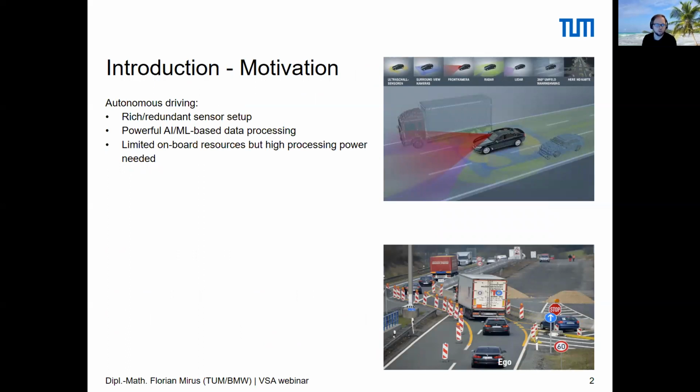When I talk about automotive context or environment modeling, I mean in the context of autonomous driving, where we have a rich and redundant sensor setup, and the use of powerful machine learning components is increasing in recent years. But at the same time, these autonomous driving prototypes have limited onboard resources, while machine learning and AI components require high processing power.